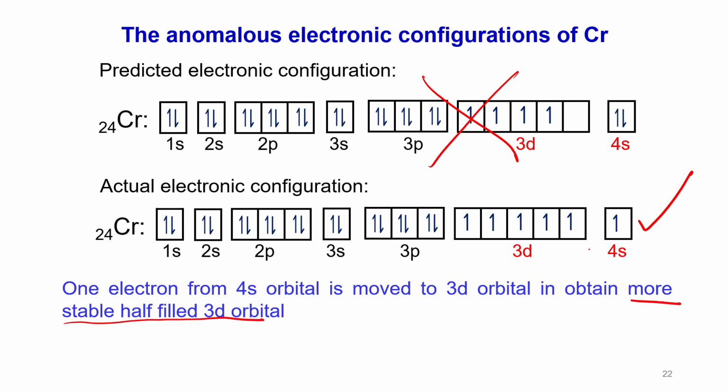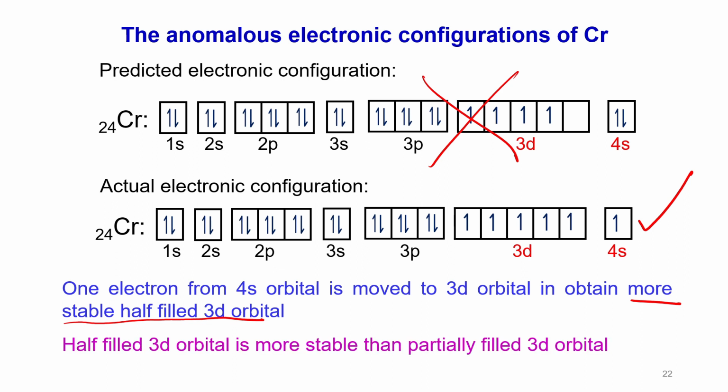So elektron dalam half 3D more stable compare dengan predicted tu untuk chromium. So half fill 3D orbital more stable than partially fill. Partially fill ni maksudnya separuh penuh, half fill ni separuh. Partially tu maksudnya asal ada elektron kita panggil partially kan.